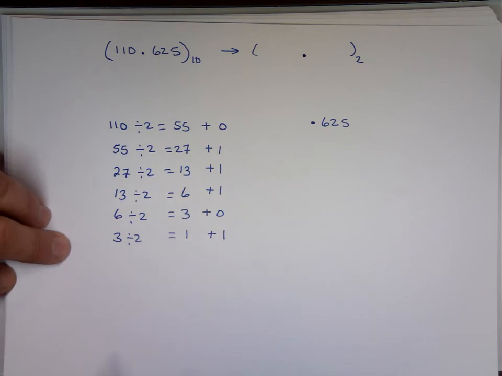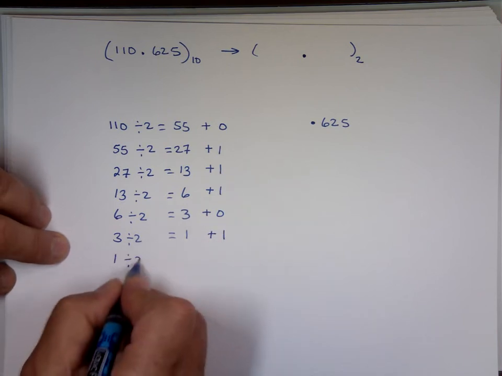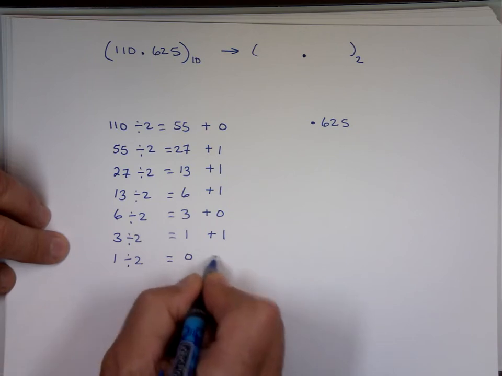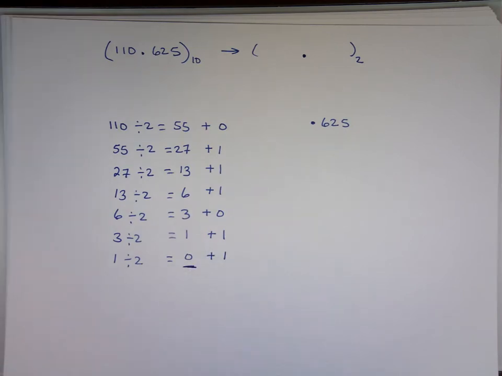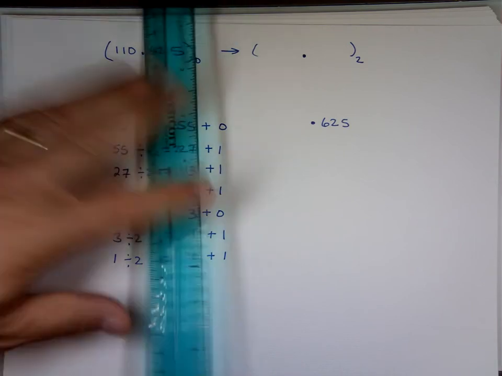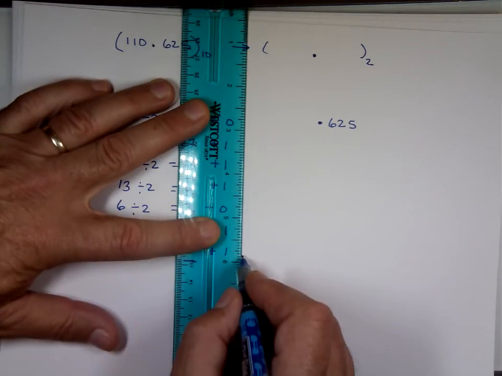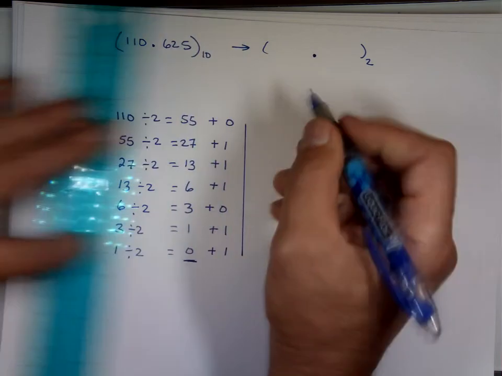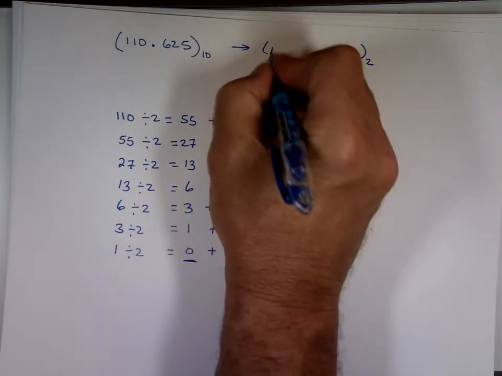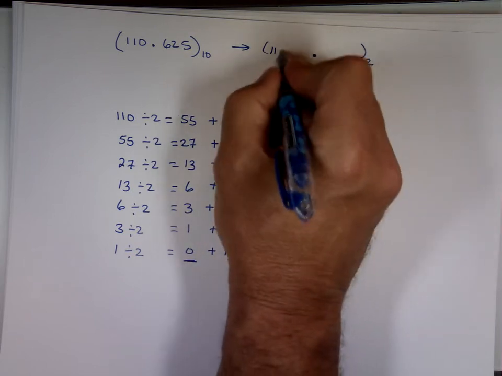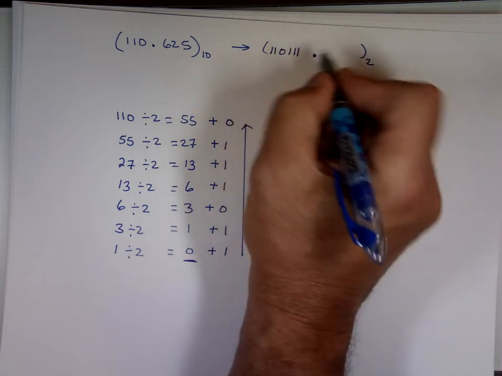And 1 divided by 2. 0, remainder of 1. Once you hit the 0, you're done. Again, these numbers, you read them upward. 1, 1, 0, 1, 1, 1, 0.